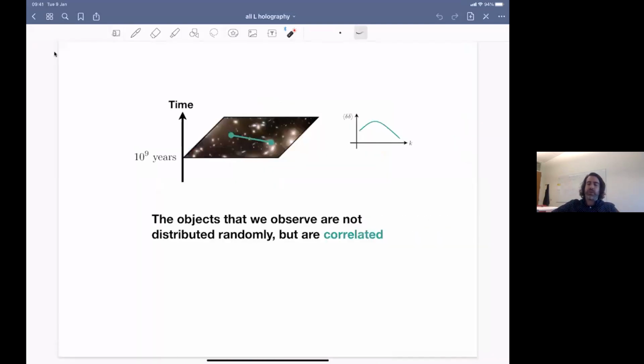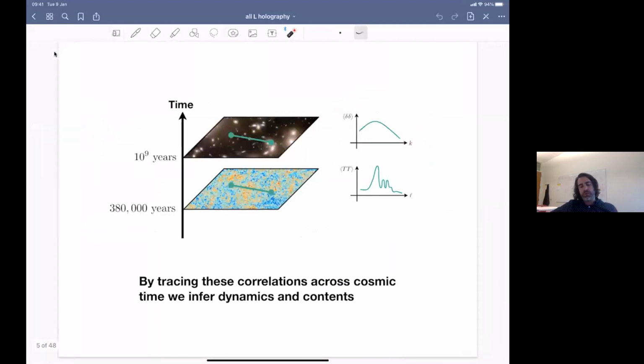Okay, and we can capture this information in statistics of the distribution of these objects. This is just a plot of the galaxy power spectrum, the 2-point function of the positions of the galaxies. And what we do in cosmology is trace these correlations across time. By doing this, we infer something about the dynamics and the evolution of the universe.